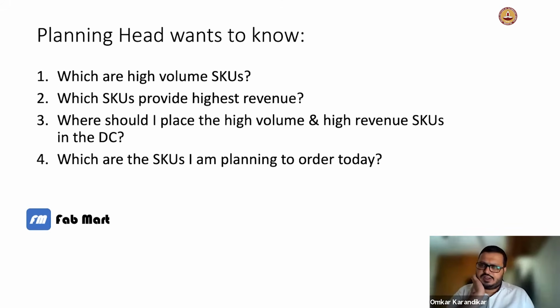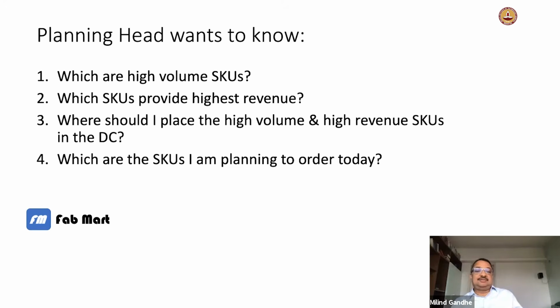So how do I do it in the most efficient way? Then which SKUs am I planning to order today? Do I need to replenish something? Do I need to order something back? Or am I decently placed in terms of inventories in my forward and deep FCs? That is what I want to know as a planning head. Right, I think this makes sense.